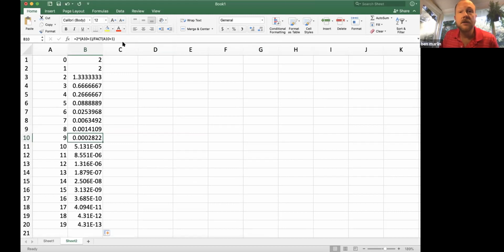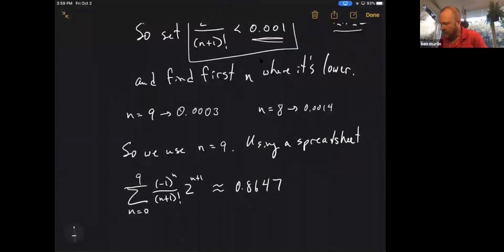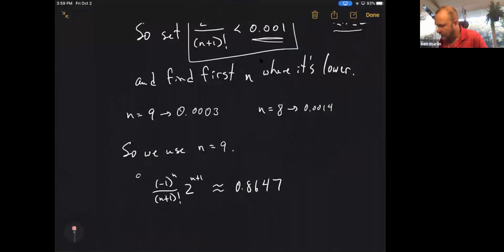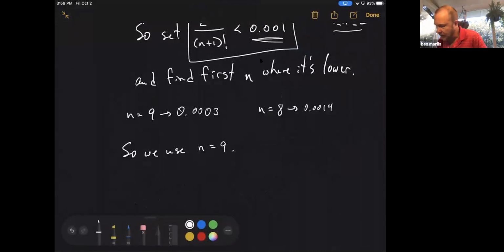I'm going to jump across here to the other screen and show you real quick here. So we're going to use a spreadsheet to do this, but maybe I write down what it is we're going to do. We remember that we had to integrate up there.